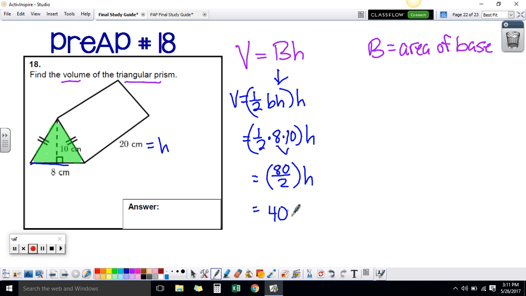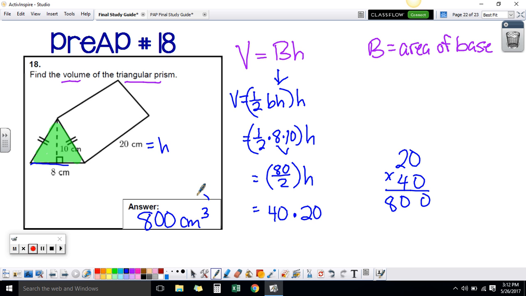And now I'm going to replace that height with the 20 of the prism. So 20 times 40 equals 800. Okay, so the volume of this triangular prism is 800 cubic centimeters.